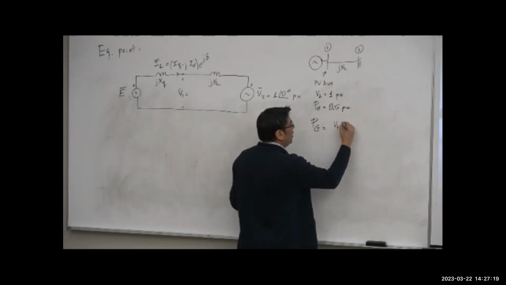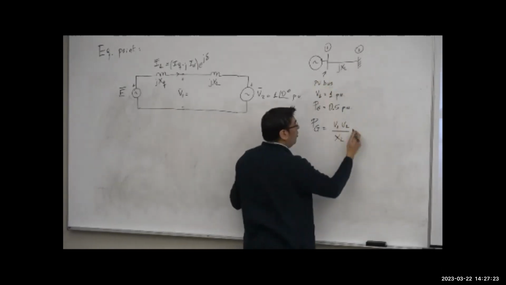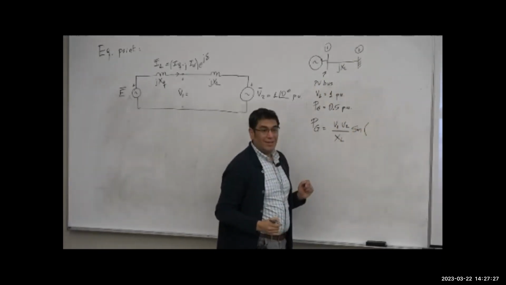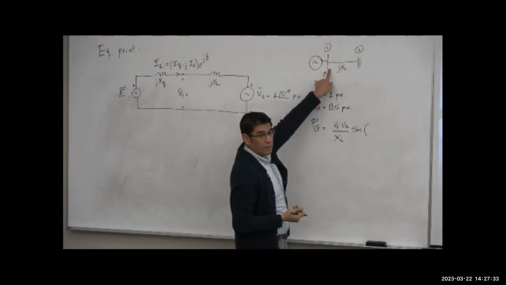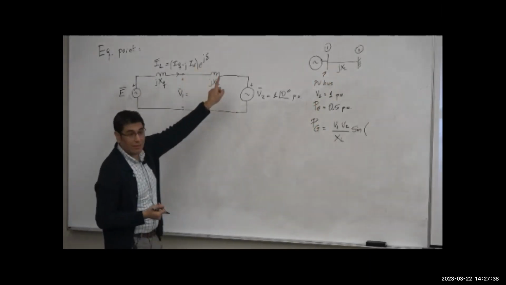So you said this is V1 over V2 divided by the reactance between these two points multiplied by sine of what? Sine of the angle difference between the two points. What is the angle here? It is the angle of the voltage V1, not the angle delta, right?